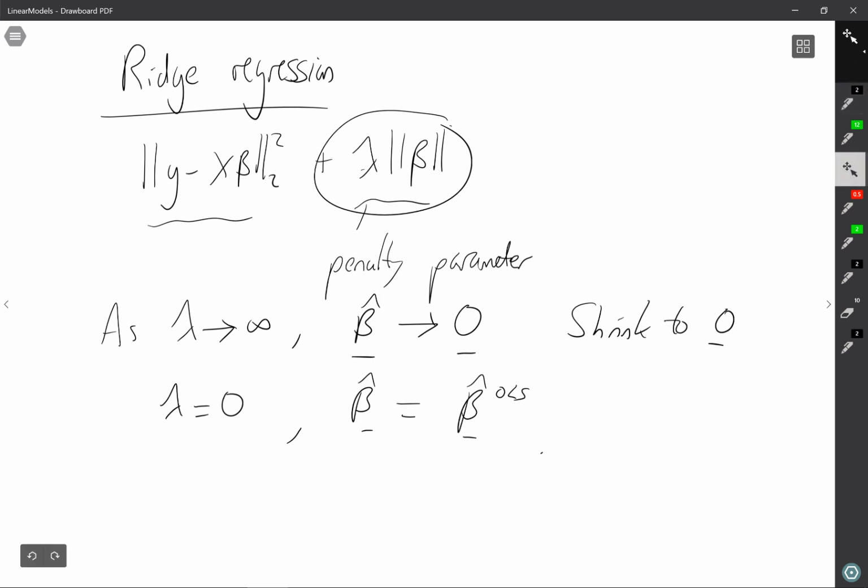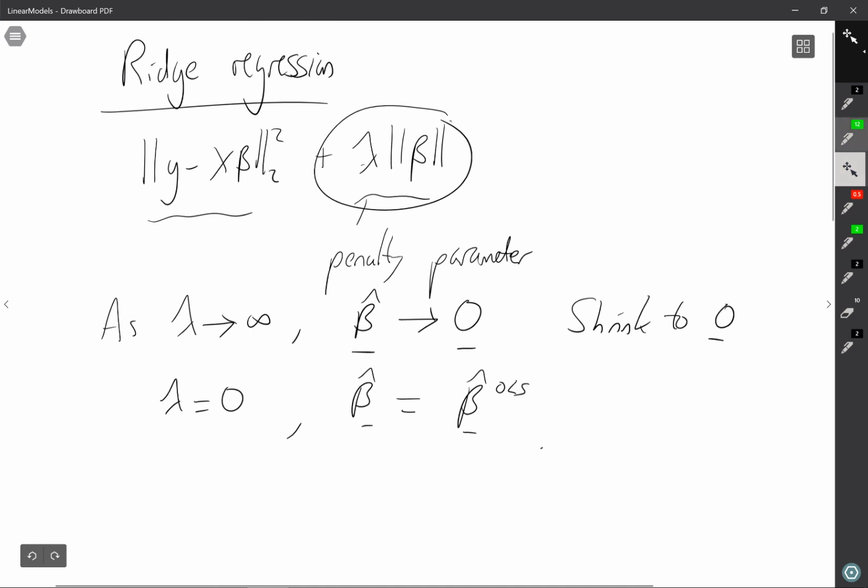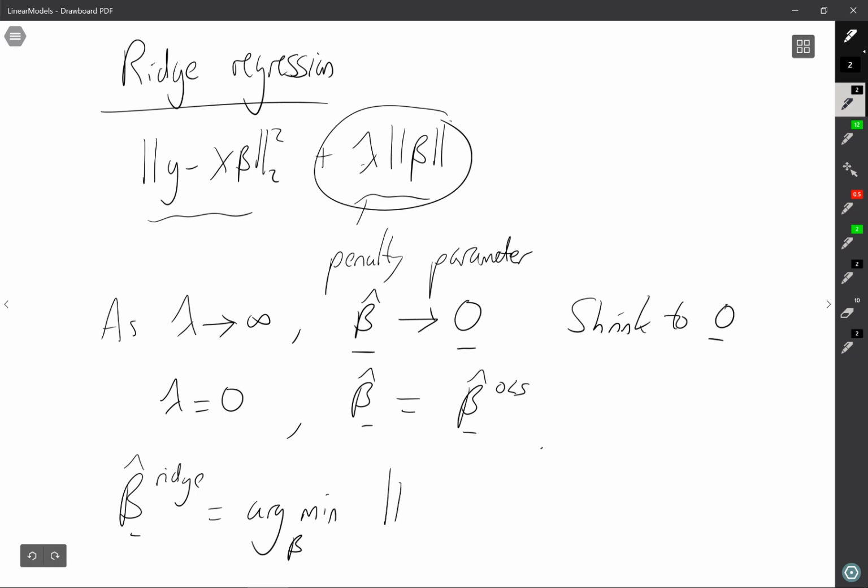Now, in particular, we're just going to look at one shrinkage method called ridge regression. Ridge regression picks beta hat, let's call it beta hat ridge, to be the value of beta that minimizes the sum of squared errors plus lambda times, and we're going to specify the norm here, the L2 norm.